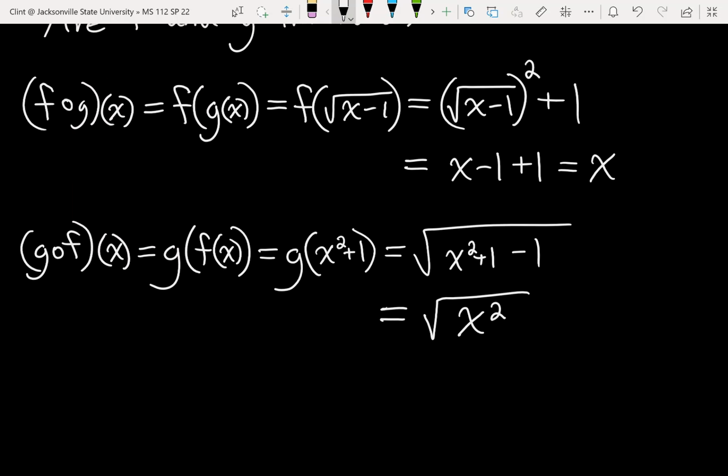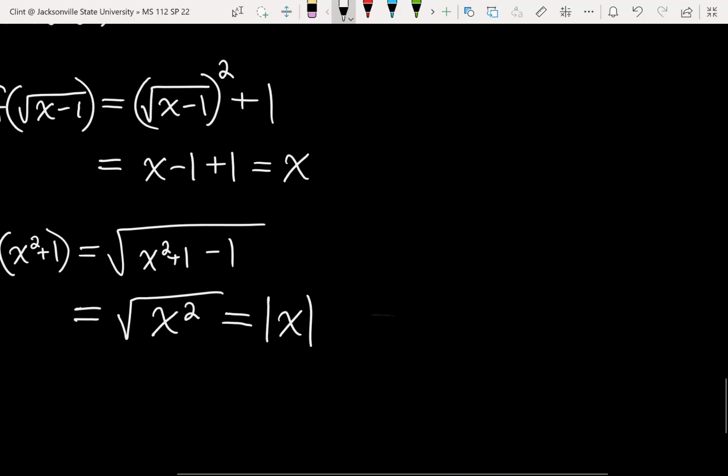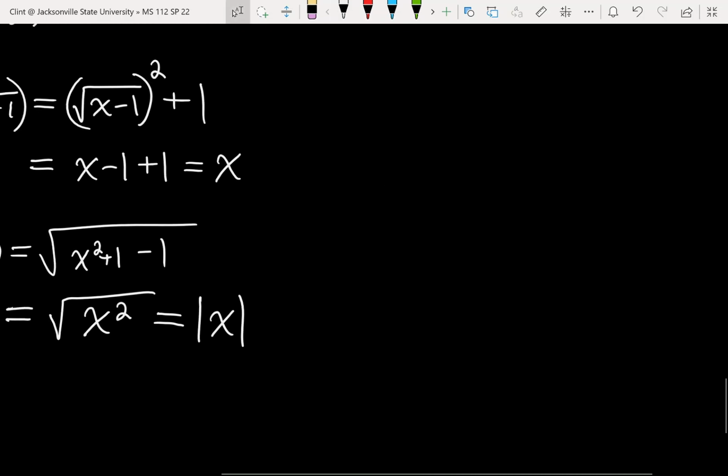This is actually absolute value of x. So, side note here, sometimes it depends on how good of an algebra teacher you had. Sometimes we just kind of pretend like square root of x squared is x.